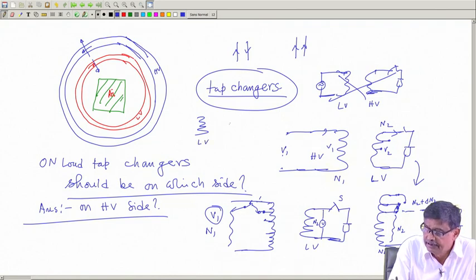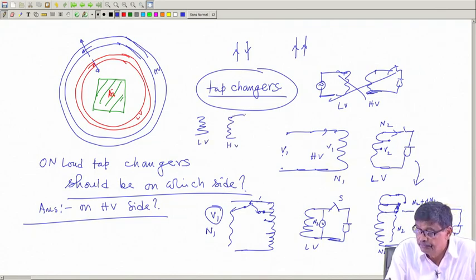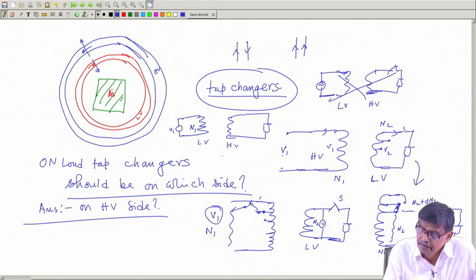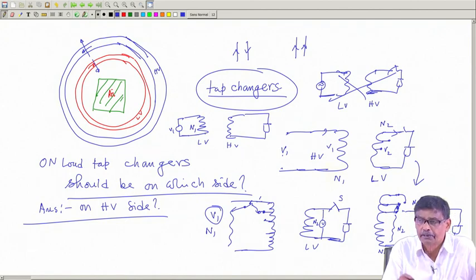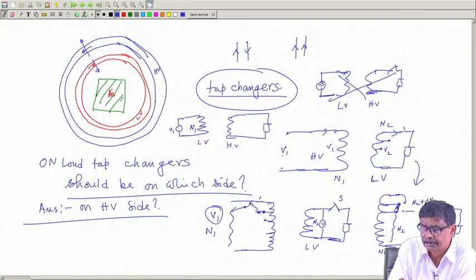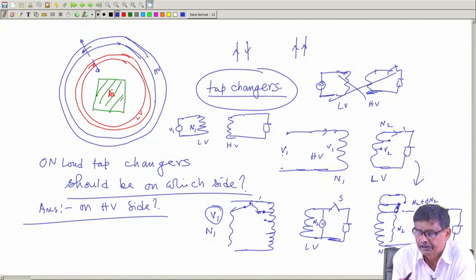Suppose I say that this is the LV side and on the HV side is your load. This is N1, where you are applying a voltage V1, voltage per turn is V1 by N1, and on the LV side I am not going to connect any tap changer. So, nothing is changing here, voltage per turn is fixed.